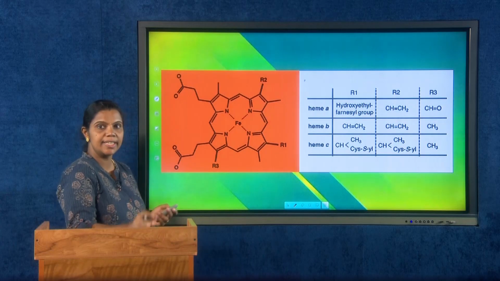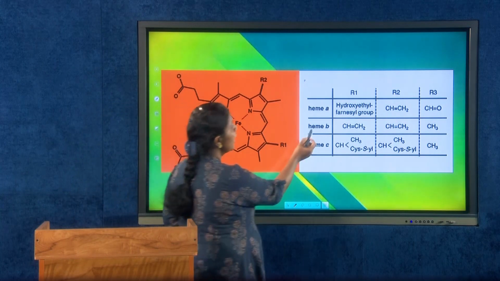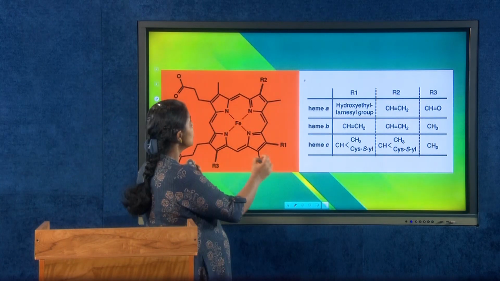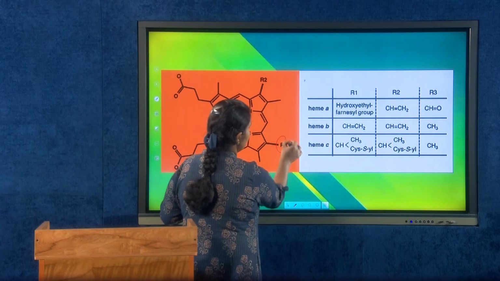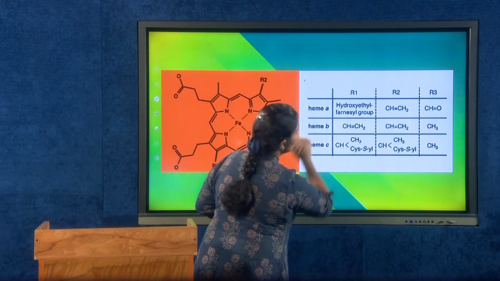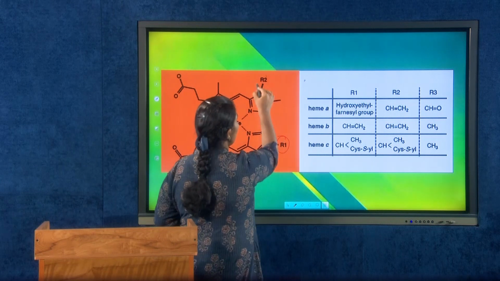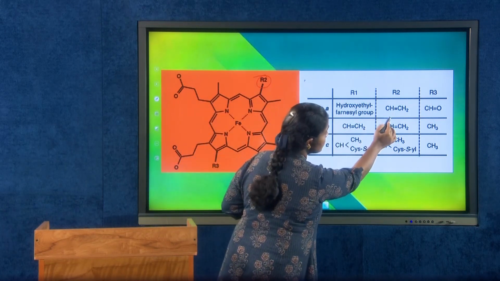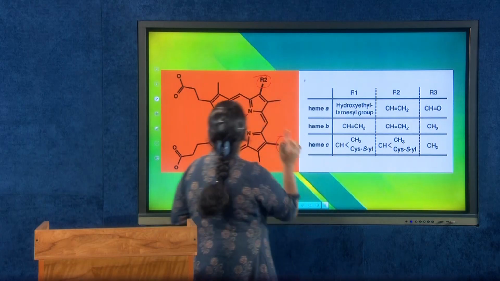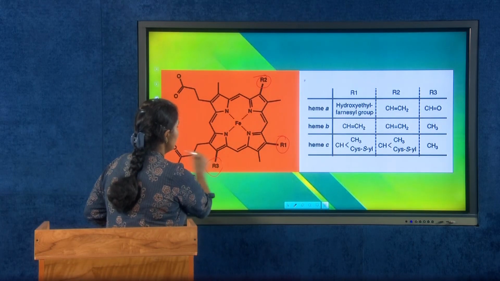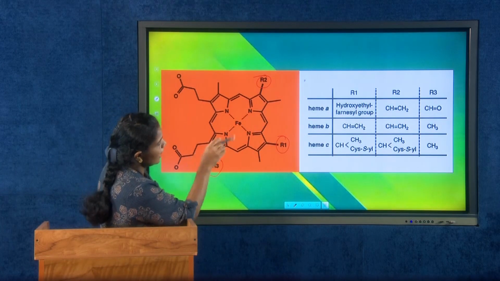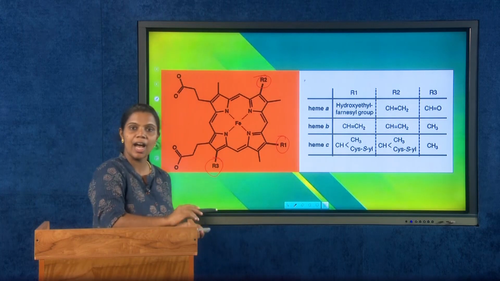Here you can see that in heme A, the R1 substituent is a hydroxyethyl farnesyl group. The substituent R2 in heme A is CH double bond CH2. The R3 substituent in heme A is the aldehyde group.